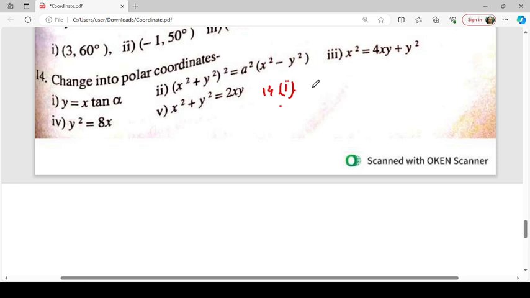We need to write x is equal to r cos theta, y is equal to r sin theta. So y by x is tan alpha, tan theta. So it is r sin theta by r cos theta, r cancels, and tan theta is equal to tan alpha, and we can write theta is equal to alpha.